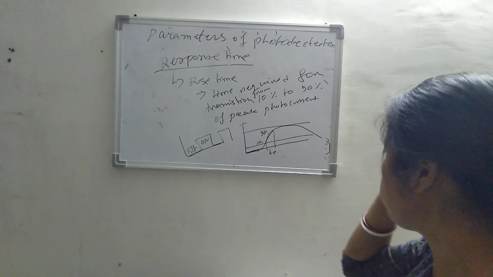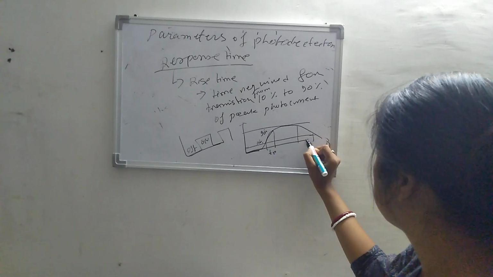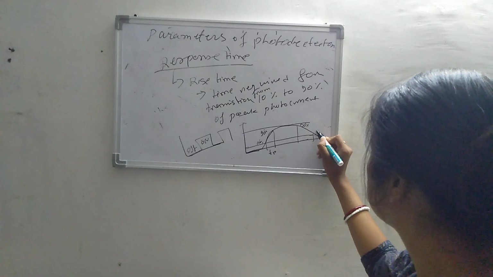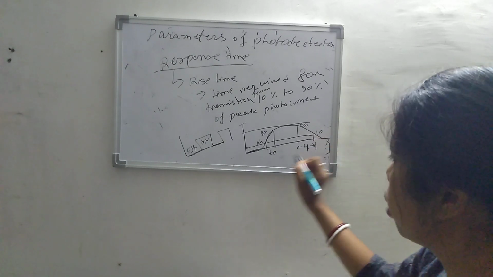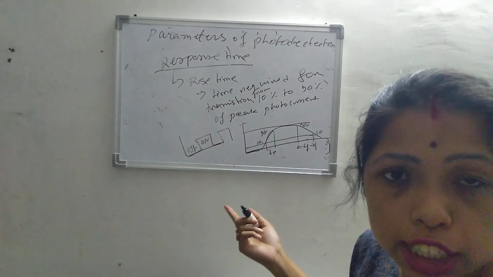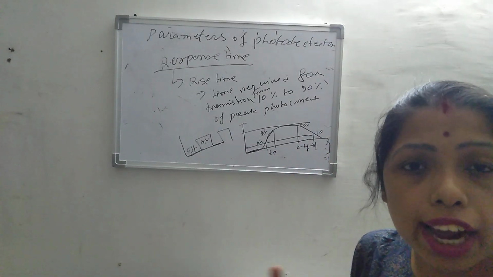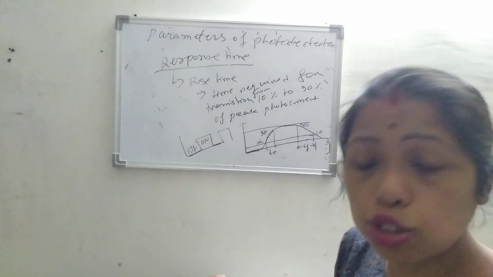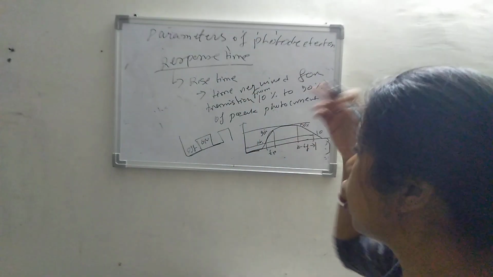The fall time is the opposite way. The time required for transition from 90% to 10% determines the fall time. If this time is very small, that is a fast response. If the rise or fall time is large, the device requires a lot of time to generate the photocurrent, meaning a slow response speed.